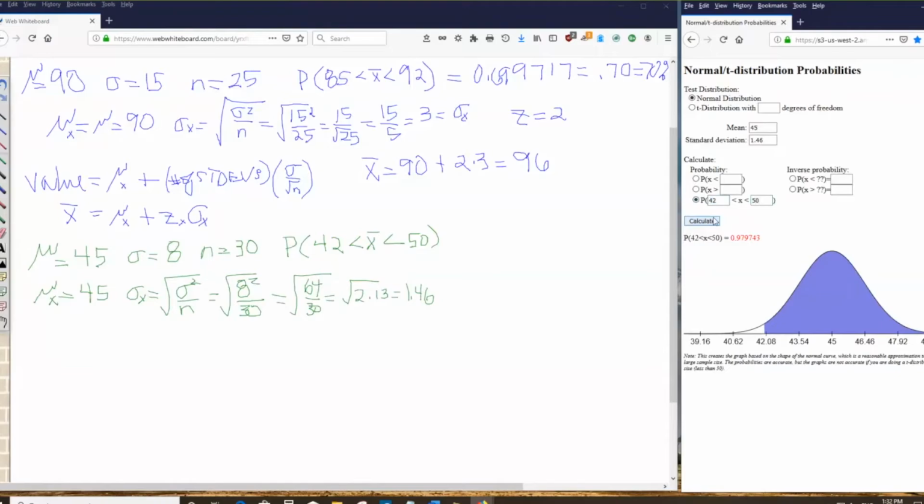Hit my calculate button, and it's going to give me an answer of 0.9797. Okay, so that means I've got about a 98% probability that x is going to fall within that range. Okay, any questions?